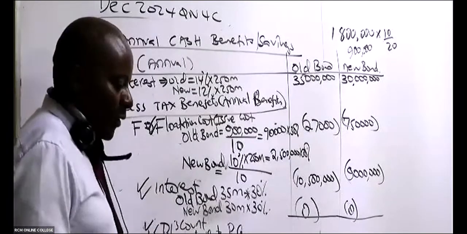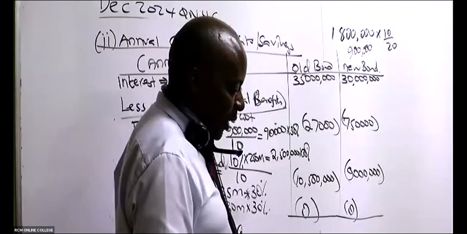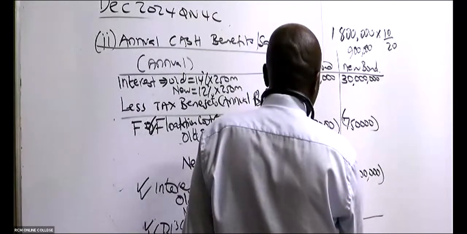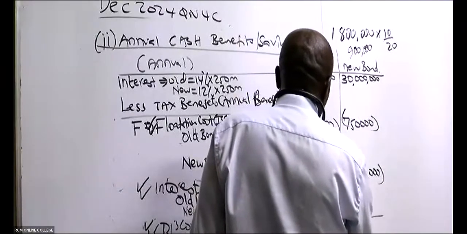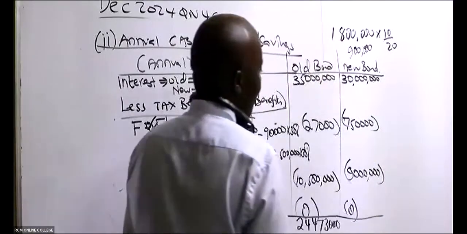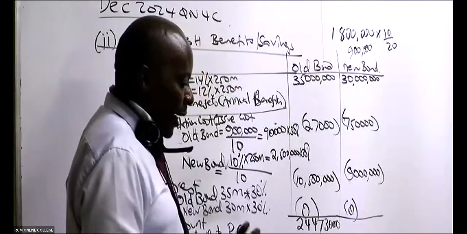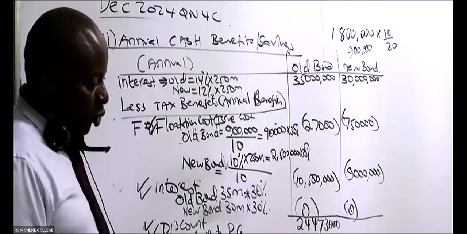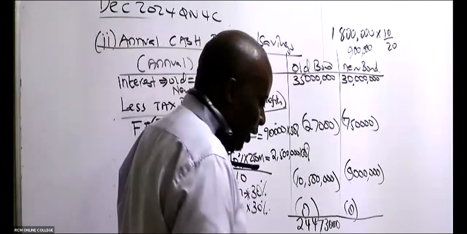Please give me a figure. 24,473,000. Thank you so much. The online guys are not giving me numbers, and I'm looking to you as well to give me these numbers. The net interest is 24.